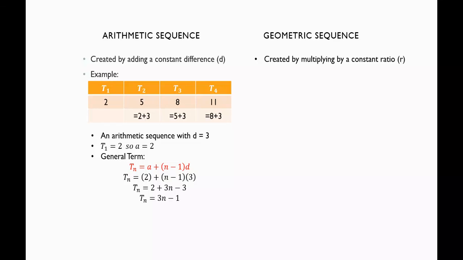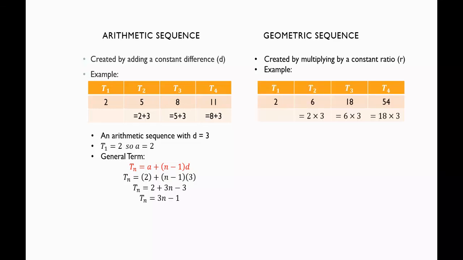A geometric sequence is created by multiplying through by a constant ratio, or r as we call it. Here's an example. First term 2, second term 6, third term 18, and term 4, 54. So what we did to get from the first term to the second term was we multiplied through by 3.